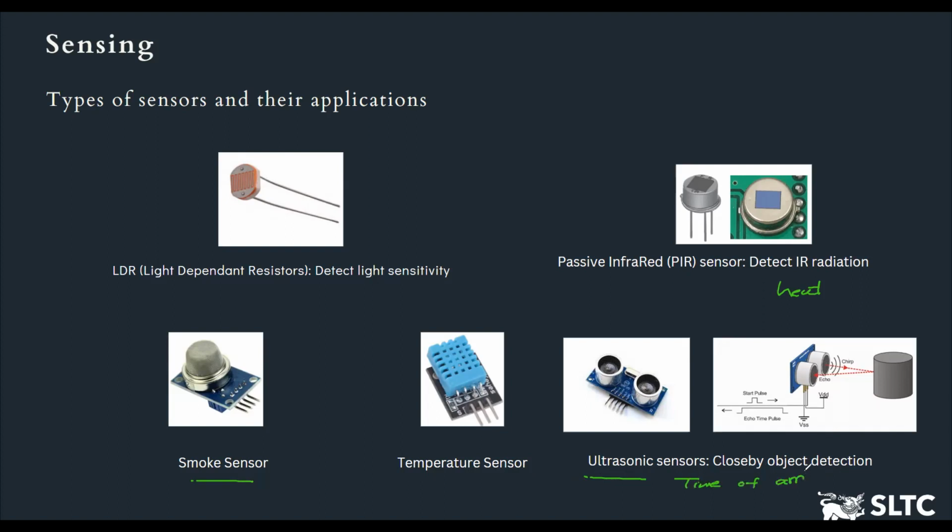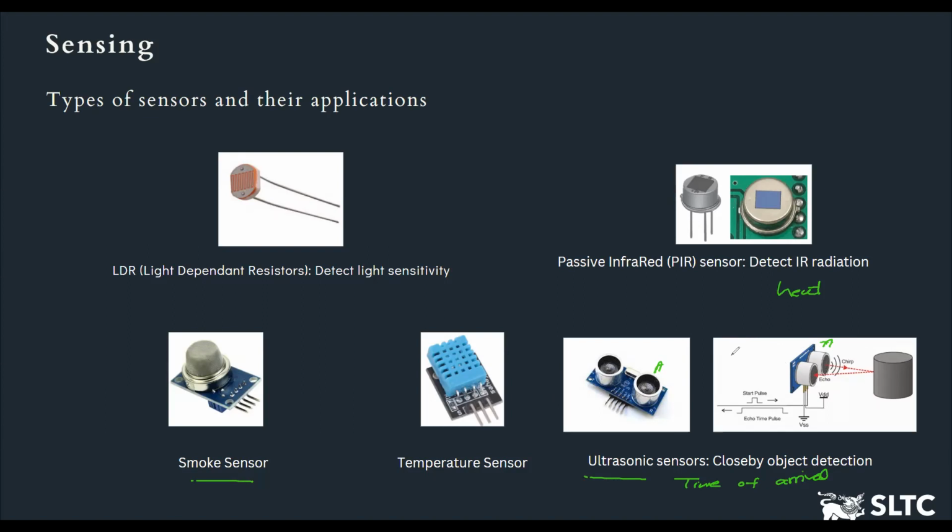That means that one of the transmitters in this ultrasonic sensor, let's say this one, is sending the ultrasonic signal to the environment, and once it hits an object, it reflects back towards the sensor, and the time it takes for the signal to reach back to the sensor is measured.